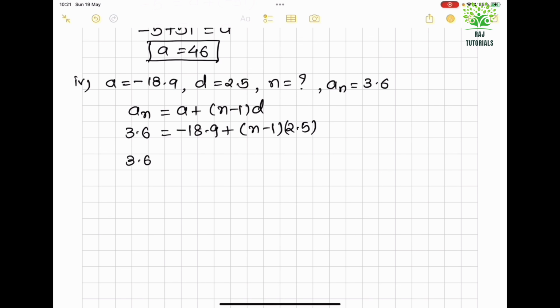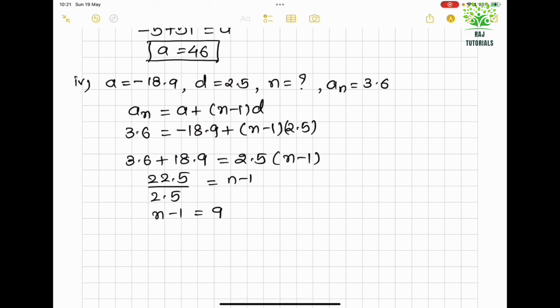If I bring minus 18.9 to the other side, it will become plus. So 22.5 equals 2.5 into (N minus 1). Now 2.5, if I bring to the left hand side, it will go in divide, so 9 equals N minus 1. So N equals 9 plus 1, so N equals 10.